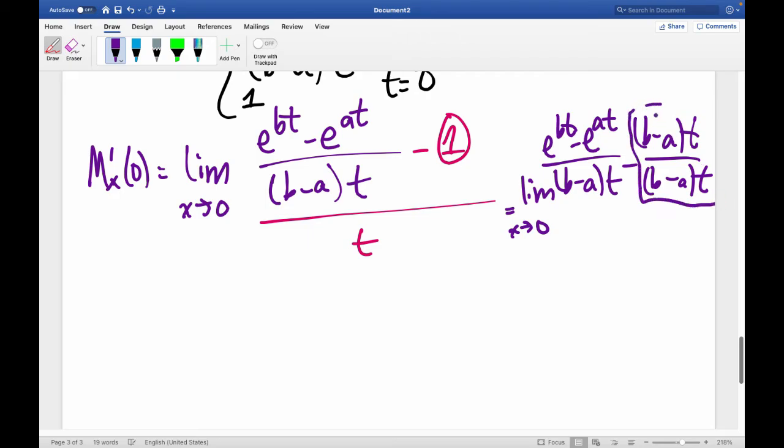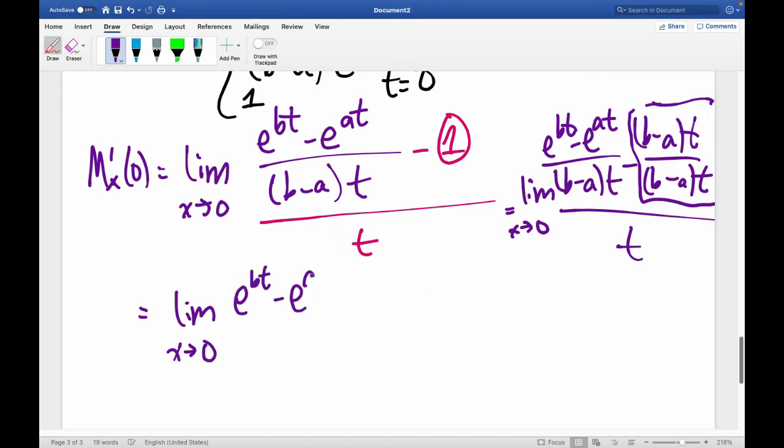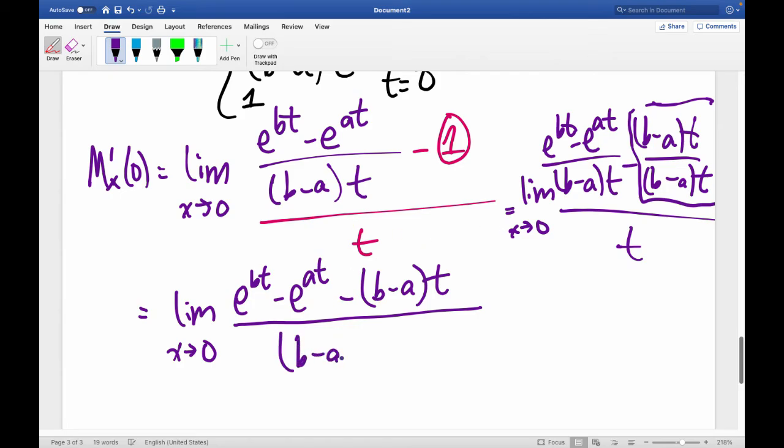This is nothing other than 1, and we're dividing all of that by t, which is going to equal the limit as t approaches 0 of e to the bt minus e to the at minus parentheses b minus a times t, all over b minus a t squared, right, because of this t right here.